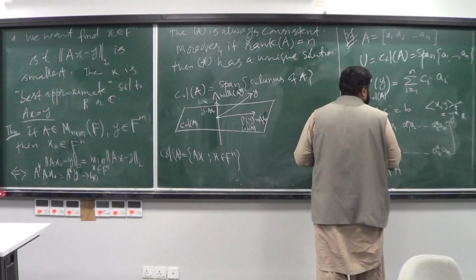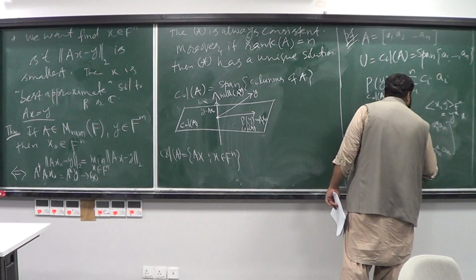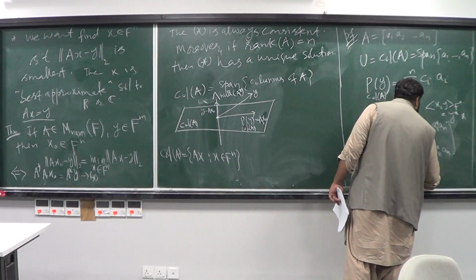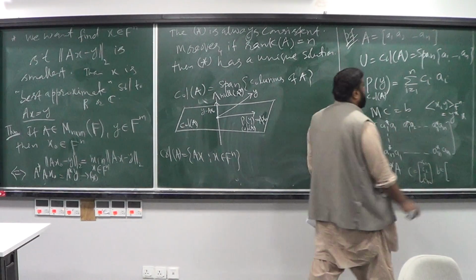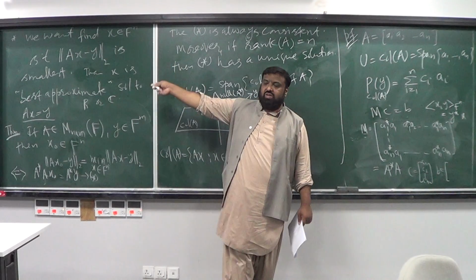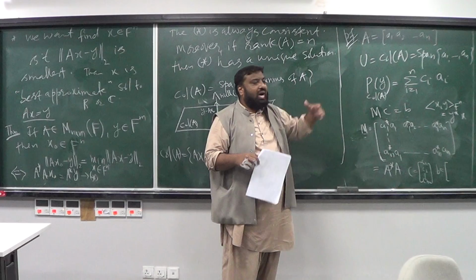Now what is C? C is the vector that consists of C1, C2, up to Cn. And what is B? B is the inner product of, in the theorem, V with the Ui vectors.